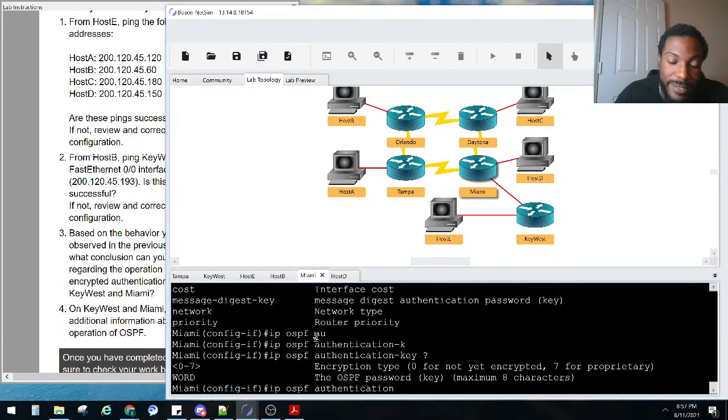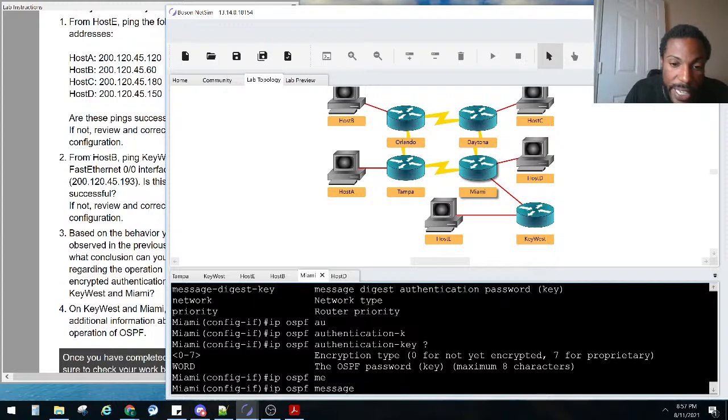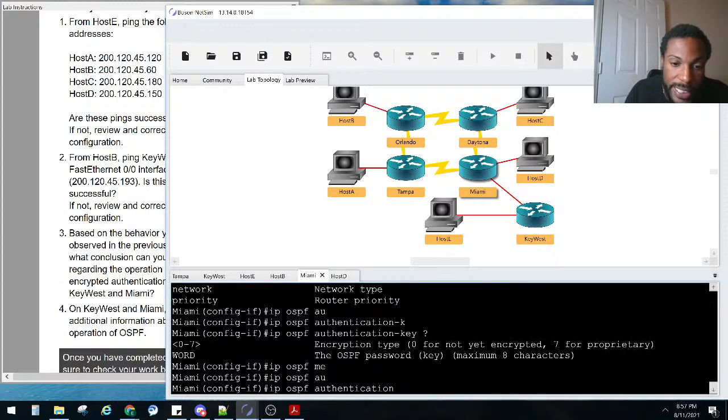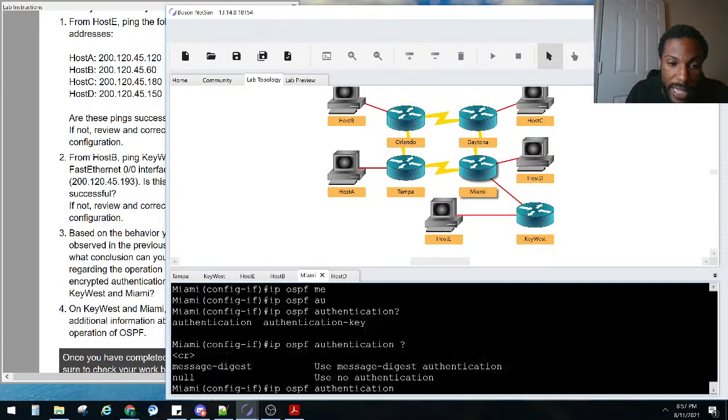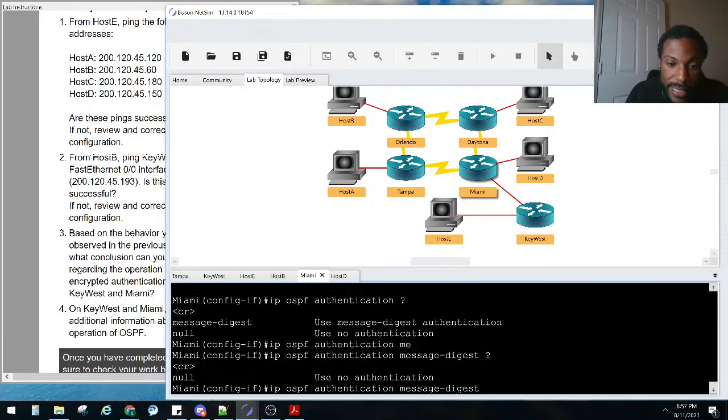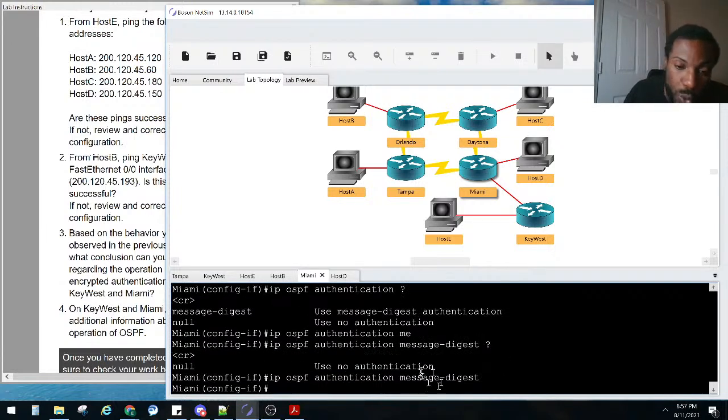Anyway, IP OSPF authentication. We needed to do authentication and then message digest, like that, and then remove the other one. That was on Miami.